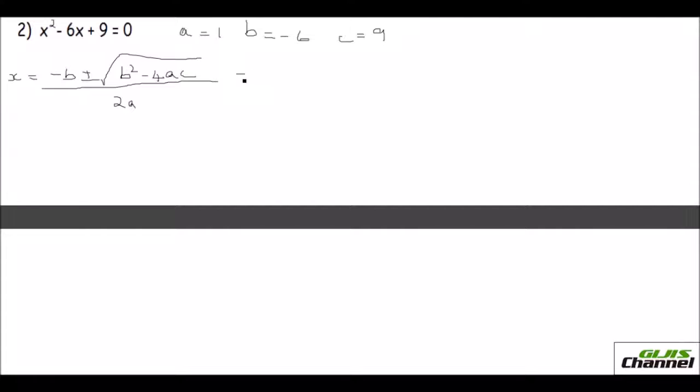So plug in the values. Here it is minus of minus 6, because b itself is a negative number. So minus of minus 6 plus or minus square root of minus 6 the whole square minus 4ac, 4 times a is 1 times c is 9, over 2a, 2 times 1.